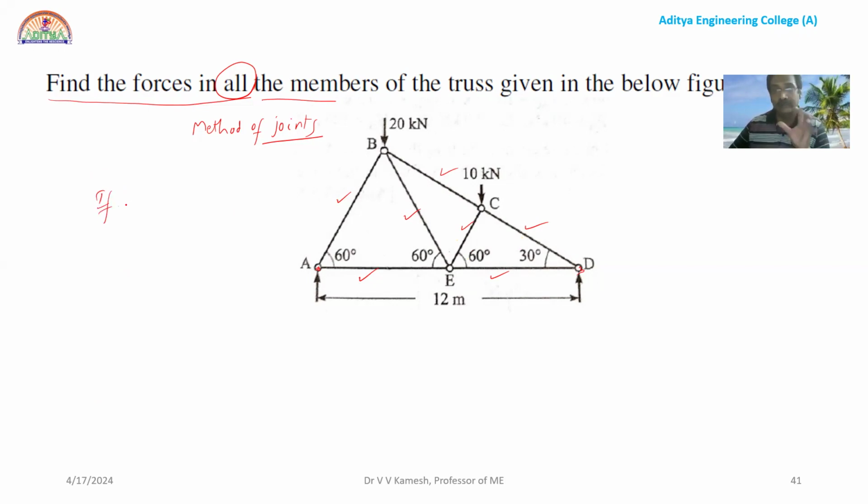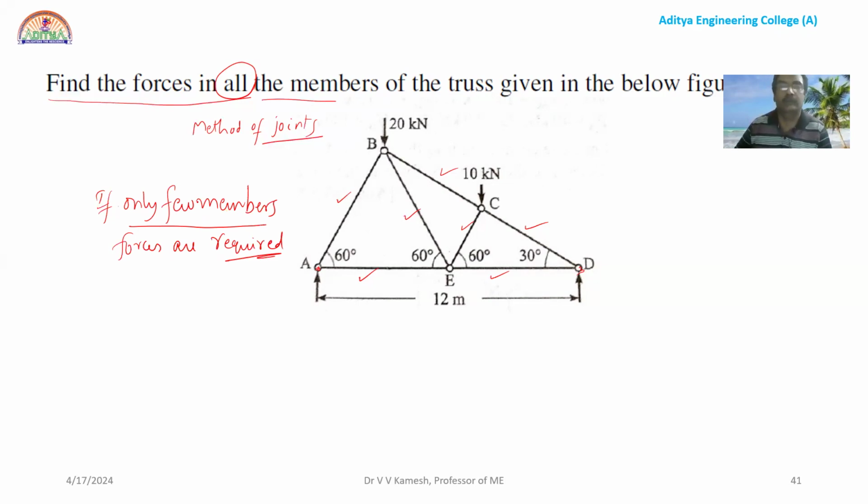But if your condition is different, that means only a few members' forces are required for you. Only a few members. I don't want the forces in all the members.